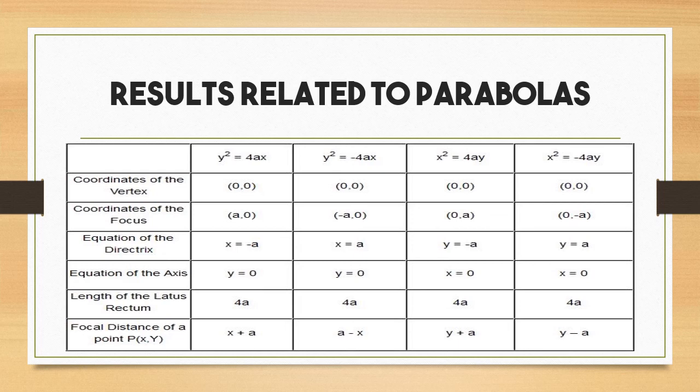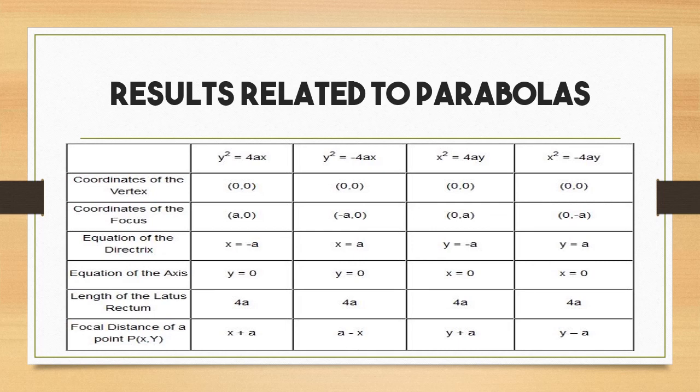For all such parabolas, the vertex is the origin only, (0, 0), and in the first case of parabola, the focus is given by (a, 0). Y square equals 4ax is a parabola symmetrical about the positive x-axis. Y square equals minus 4ax is a parabola symmetrical about the negative x-axis. X square equals 4ay is a parabola symmetrical about the positive y-axis, and x square equals minus 4ay is a parabola symmetrical about the negative y-axis.